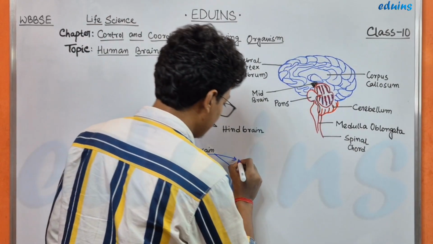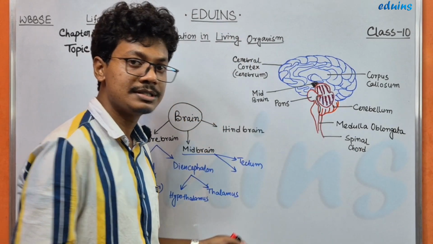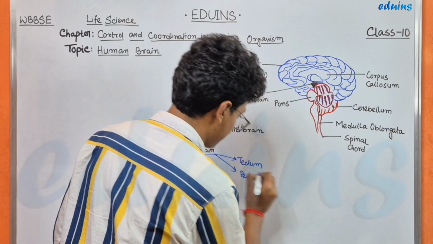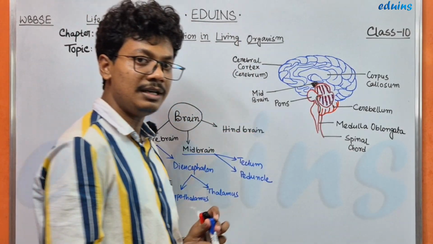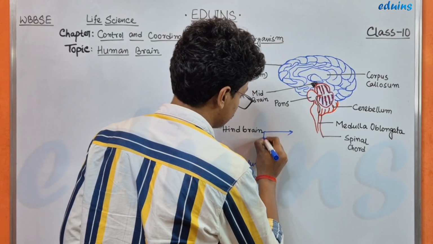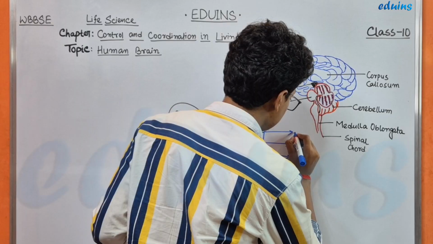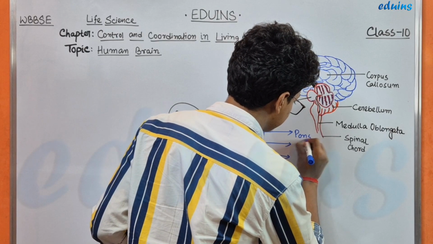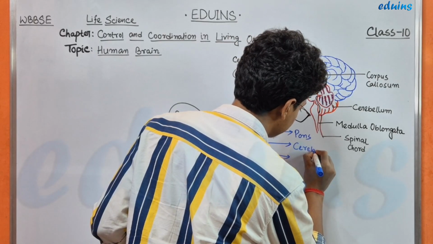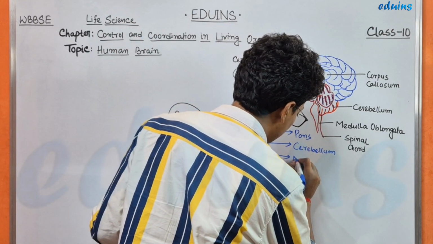Number one is the tectum and number two is the peduncle. Next, the third one is the hindbrain, which has three parts. The first part is known as pons. The second part is the cerebellum. And the third one is the medulla oblongata.